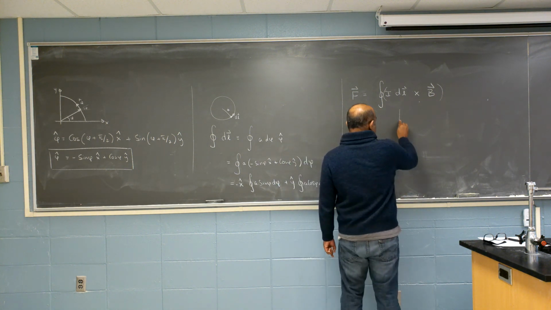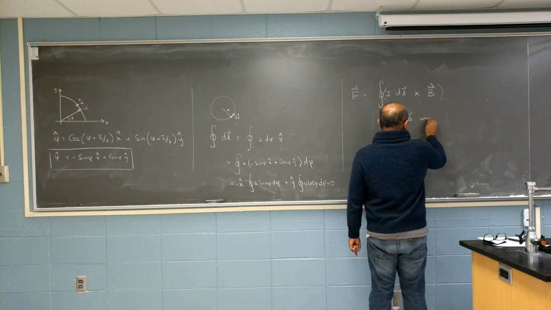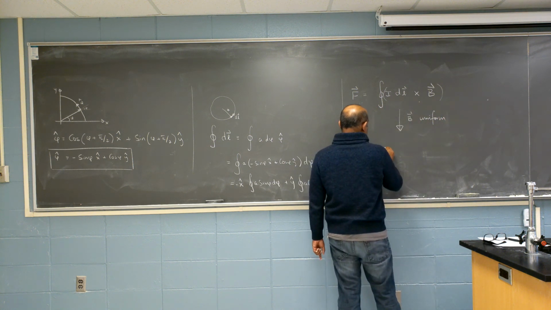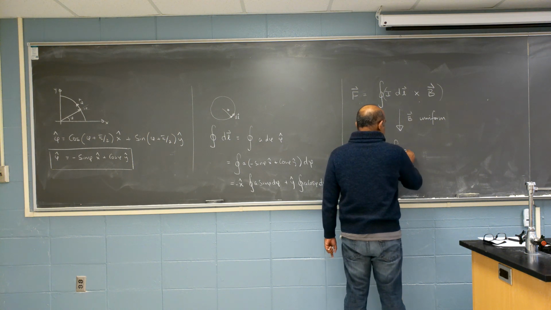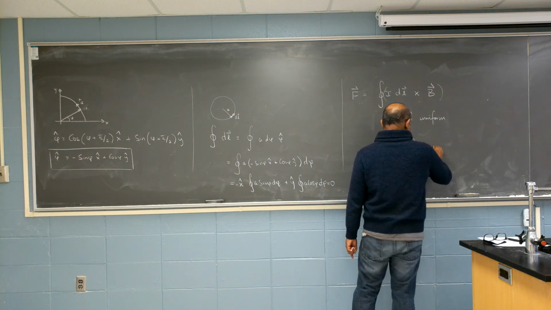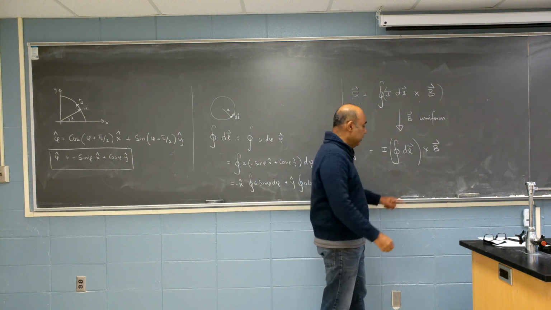But if B is uniform, then there's no net force on a loop, because let's say we bring even this out. We just mentioned the beginning point is the same as the end point.